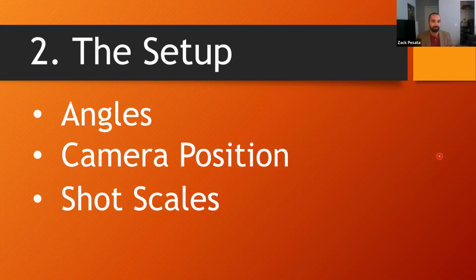Go that extra step. All right, so now we're in our second element of cinematography, which is the setup. For every setup, there are 3 elements: angles, camera position, shot scales. And remember, every shot is a recorded setup.